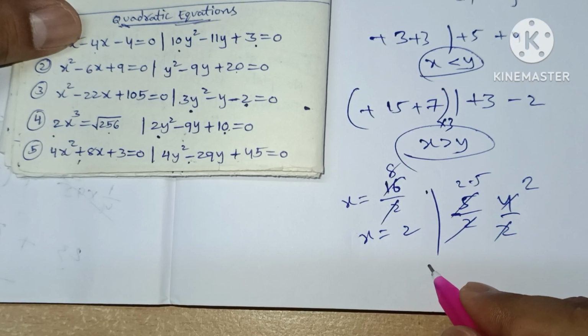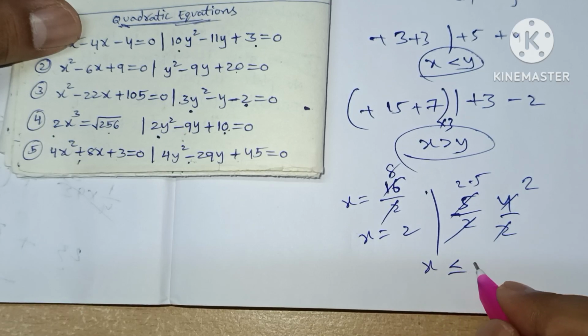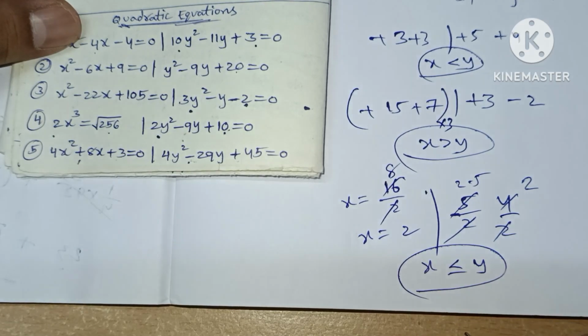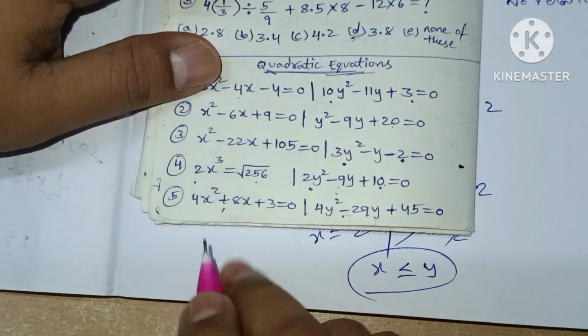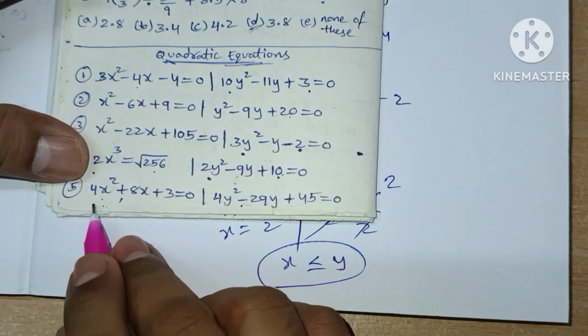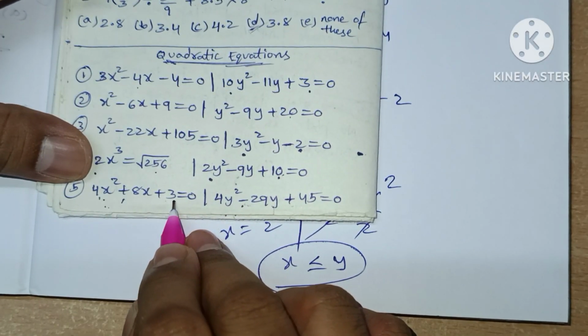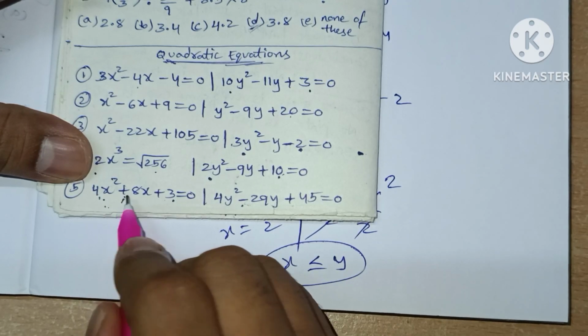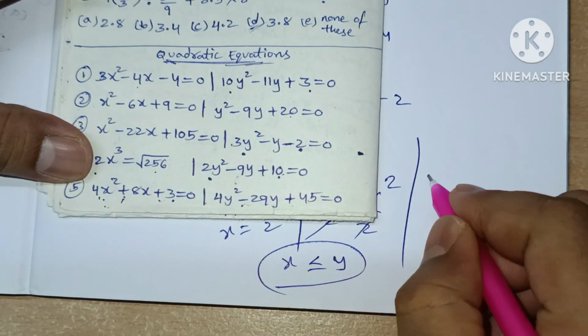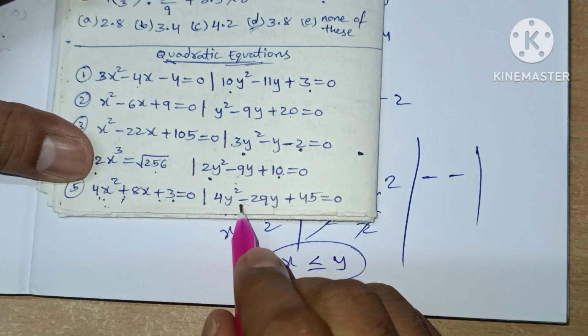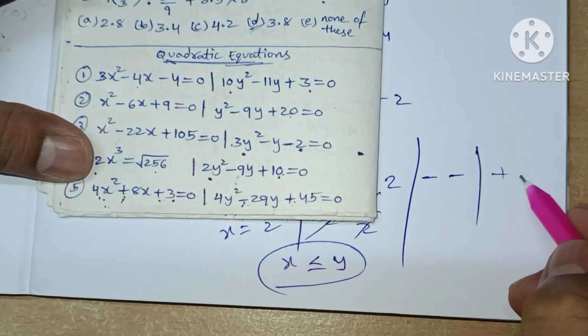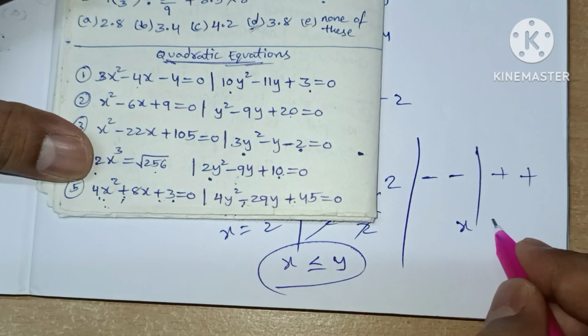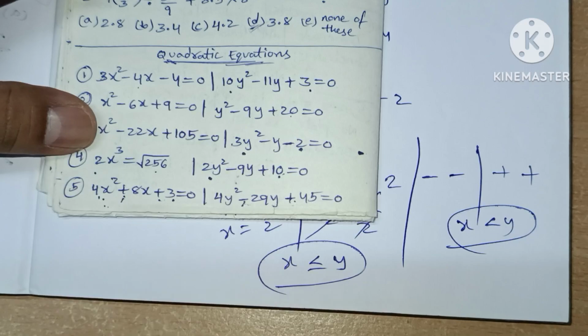So by comparing these two, it is clear that x is lesser than or equals to y. Next, fifth one, 4 3 times. Here these are plus and plus, means the roots are in negative. In this case minus and plus, the roots become positive and positive. By comparing these two, it is clear that x is less than y for fifth one.